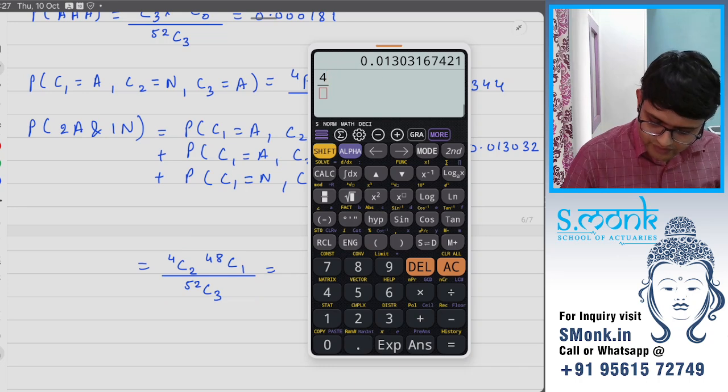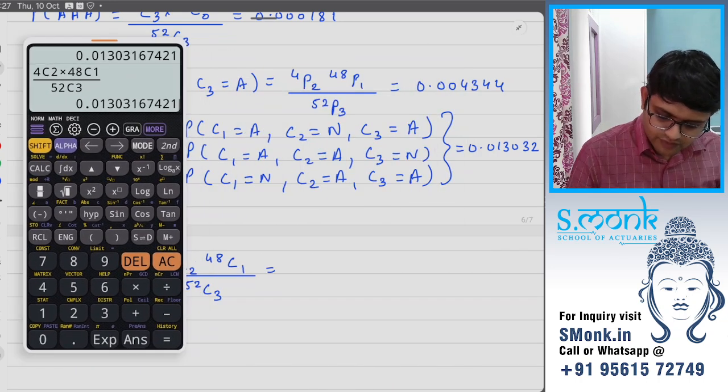So I have 4C2 into 48C1, upon 52C3. You can see it's exactly the same probability.